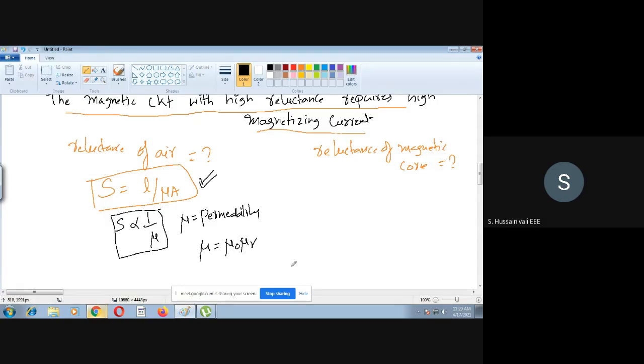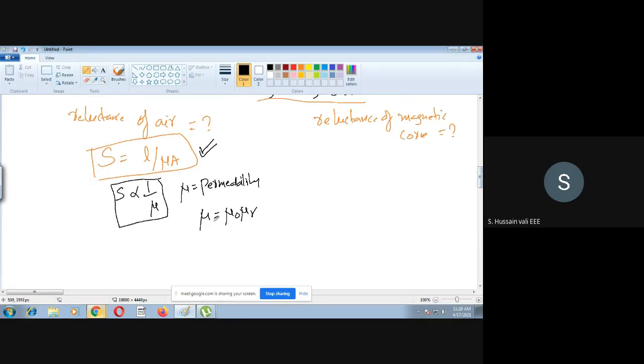I hope you know this. We don't need to worry about what the value of mu naught is. What is mu r for air? One. Yes, that's correct. So relative permeability for air is 1. So the permeability here is mu naught only.